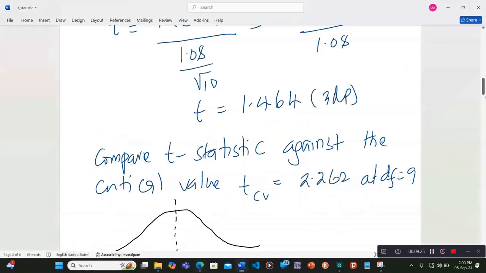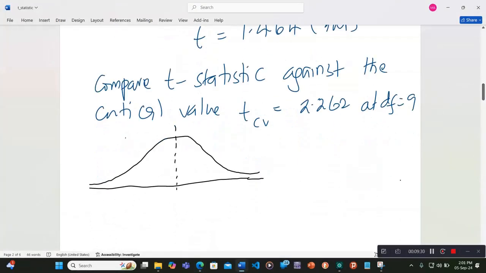So the alpha value here is 0.025, meaning this is the rejection region.